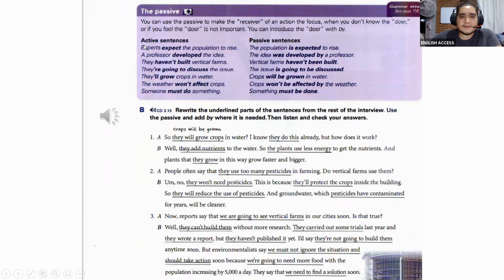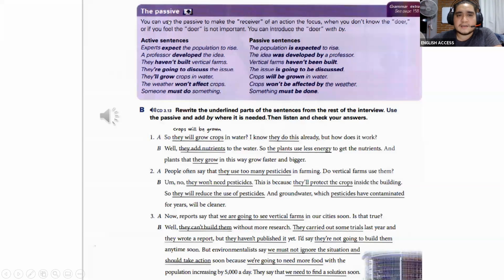Now we have here the passive, and in this grammar, they explain how to use the passive and how to identify it, or the differences that they have between an active and a passive sentence.